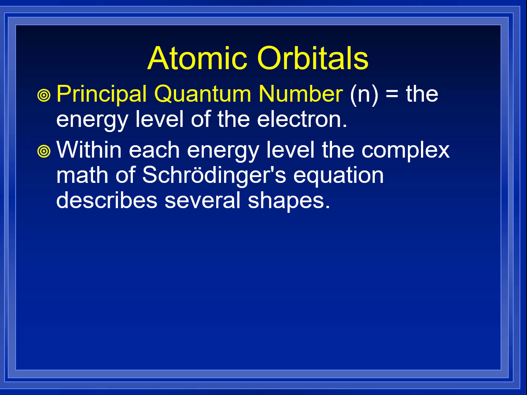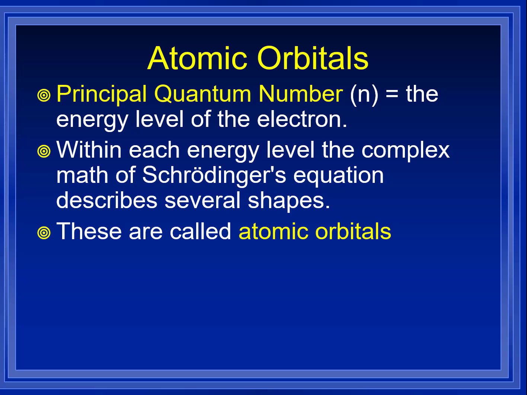Those are the orbitals. The atomic orbitals are the shapes inside the energy level. And the definition of atomic orbital is almost the same as the definition of the electron cloud.